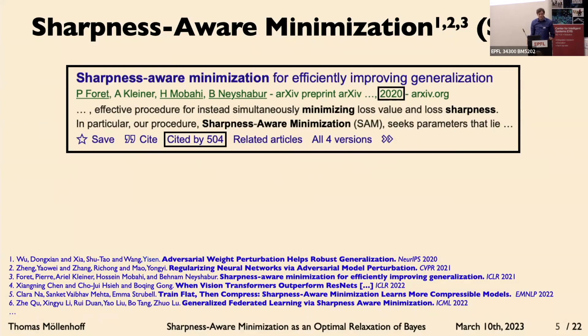I have two questions. One question is, when you derive your theory, do you assume the loss function is convex with respect to the parameters? No convexity assumption. No such assumption. Okay. Then another question is, how do you manage the high dimension of the parameters? It seems you do not have the curse of dimensionality. For example, if the network is so large, it will also be challenging for SAM and also Bayesian.